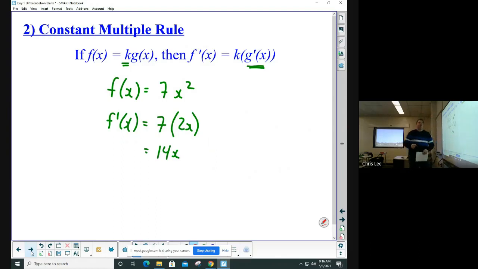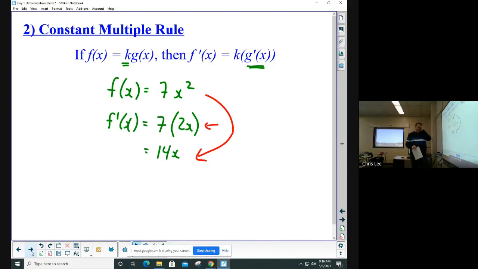But in reality, none of us do this second line. We all go from here because we can see that that 2 comes down and gets multiplied by the 7 and gets 14x. Okay? So even though this is the rule that allows it to happen, this middle line, we always just sort of put those two together and get this answer.